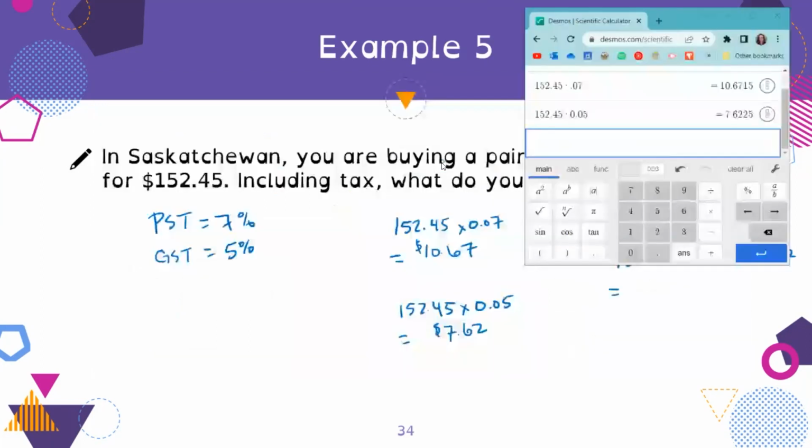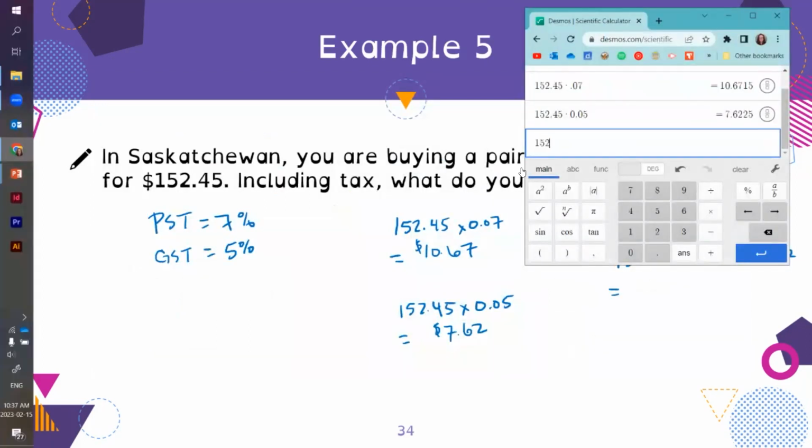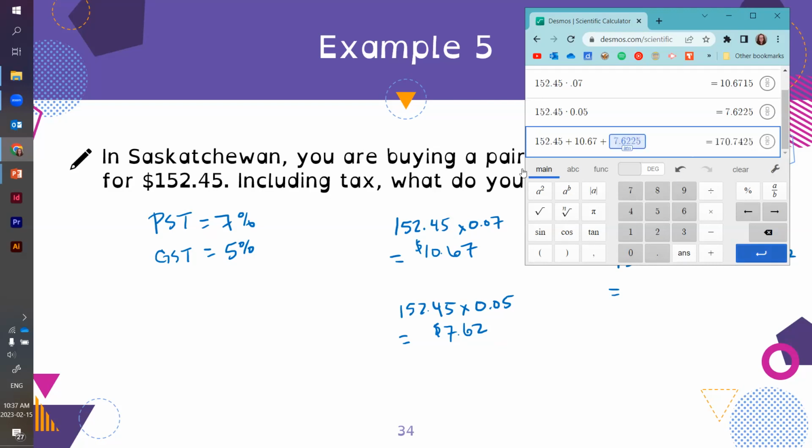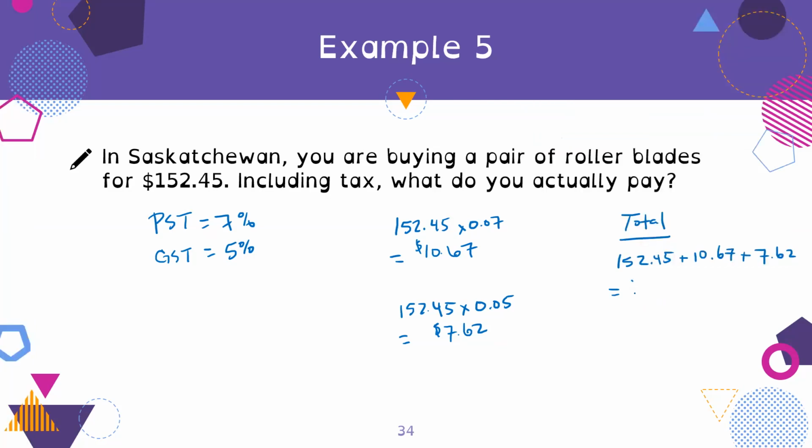We add them all together, and that is equal to $170.74. So we would actually pay $170.74 for the rollerblades.